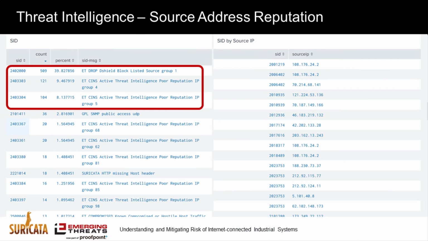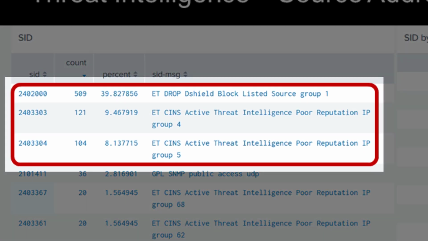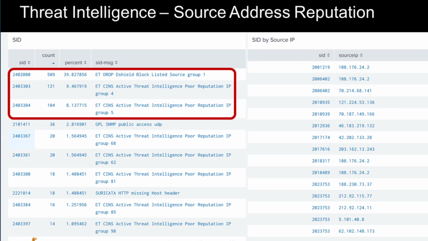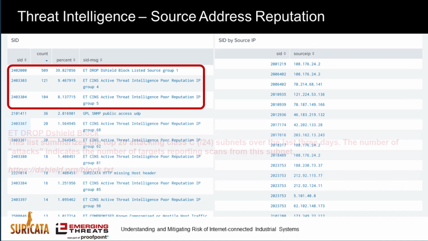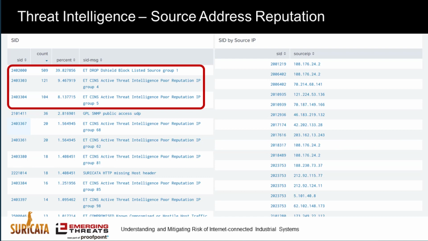As you can see, the very top list is what's called a block list, the DShield block list. And this is what the security advisors and threat feed generated data suggest everyone blocks at their perimeter. There should be no reason why this group of IP addresses is let through.